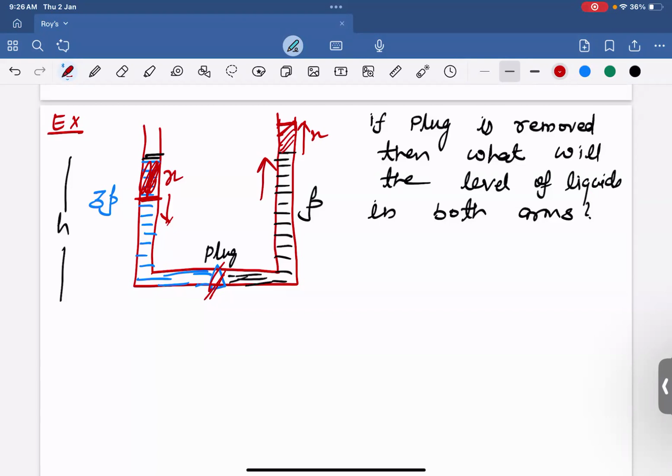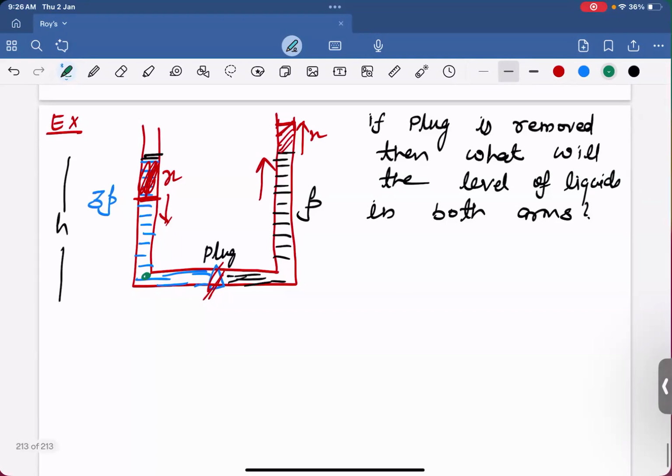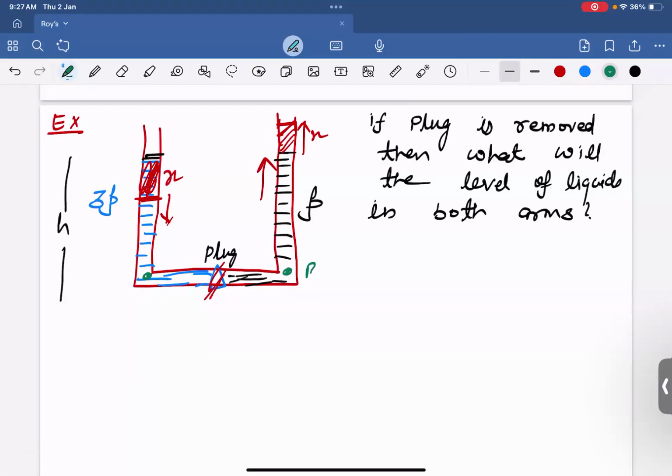Now the concept we discussed is that pressure at the same level is always equal. So if I take one point A and one point B at the same horizontal level, I can say that PA is equal to PB. Why so?